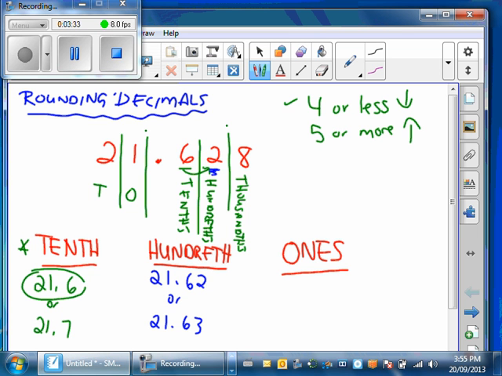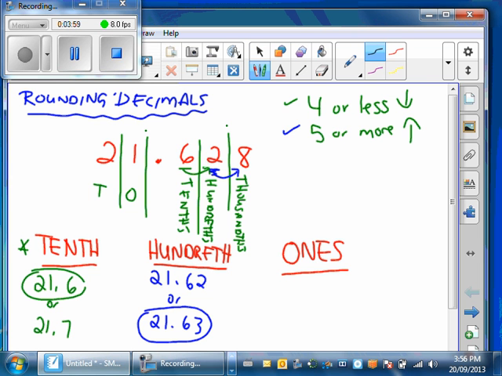Well, he's got 2 right here. We move over to thousandths. Hey, are you 4 or less or 5 or more? Hey, I'm clearly 5 or more. So therefore, this is going to round up, and our tally is going to be 21.63.